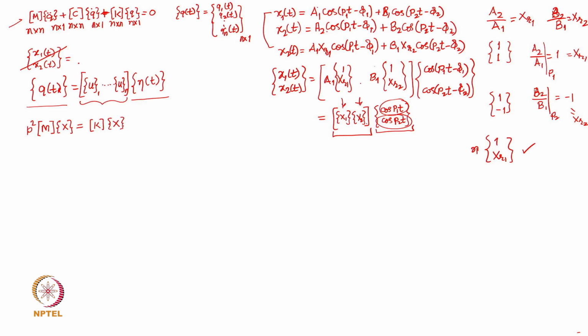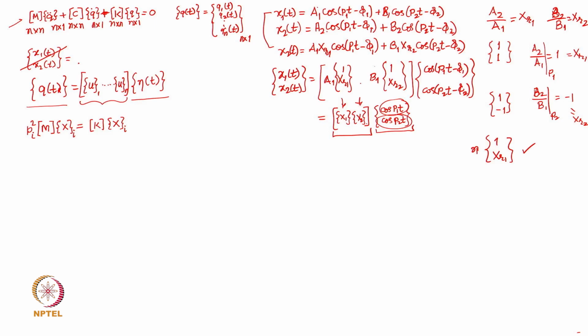For the ith natural frequency, squared times mass matrix times the ith mode shape, was shown to be this way. This was the equation that we discussed the other day, right?